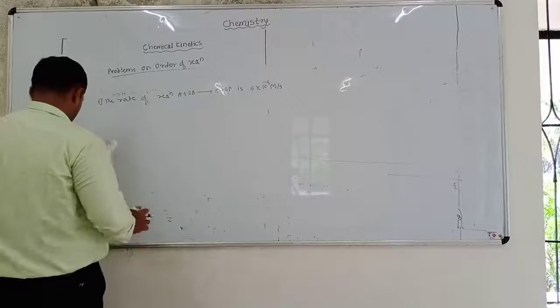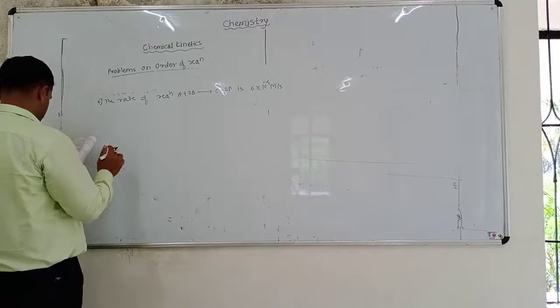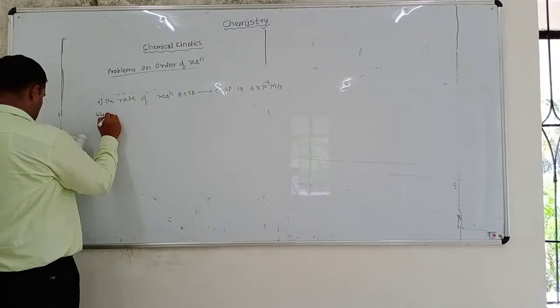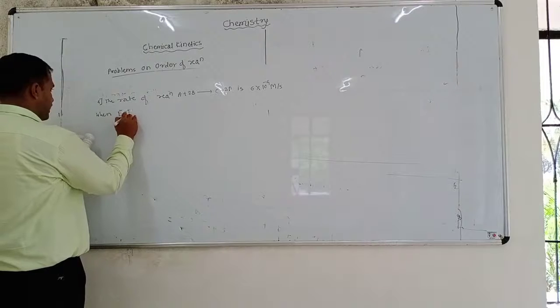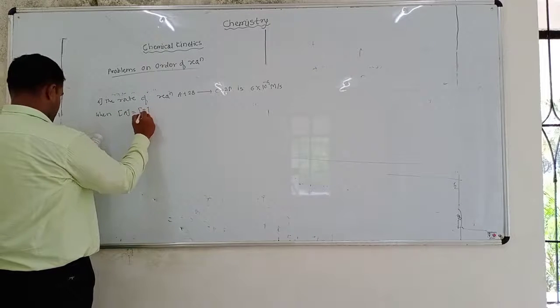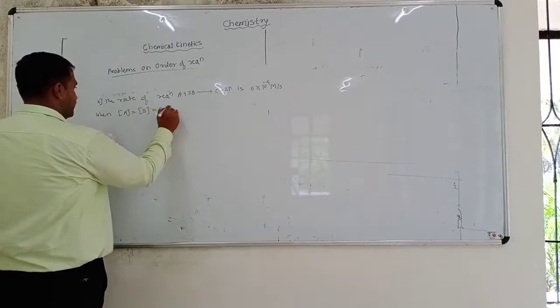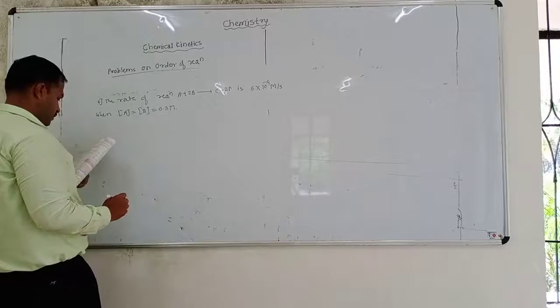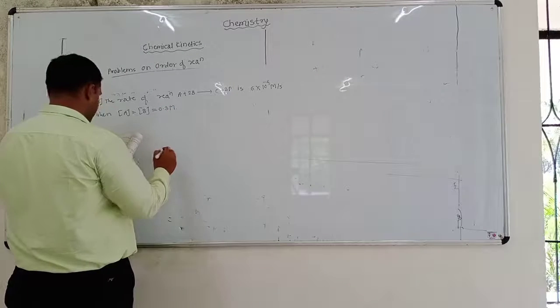Okay, when concentration of A is equal to concentration of B is equal to 0.3 molar, what is the overall order of reaction?